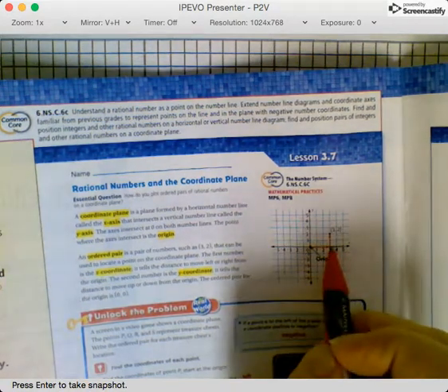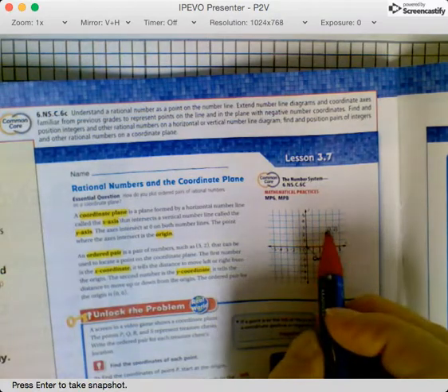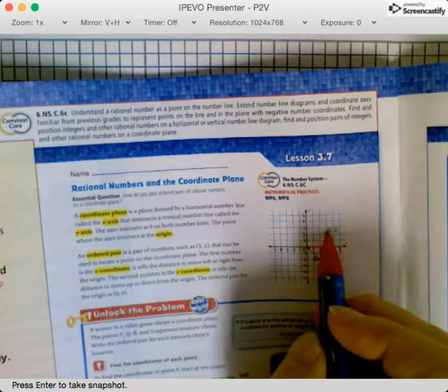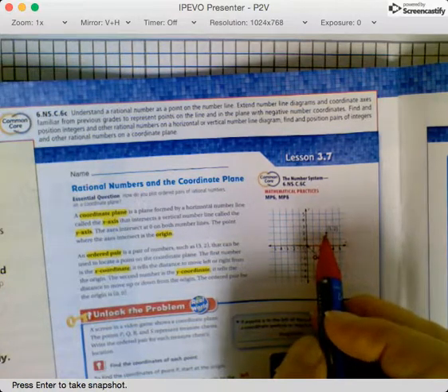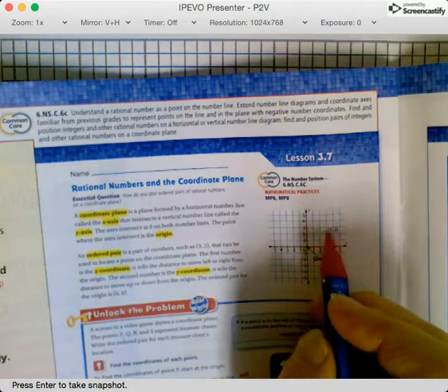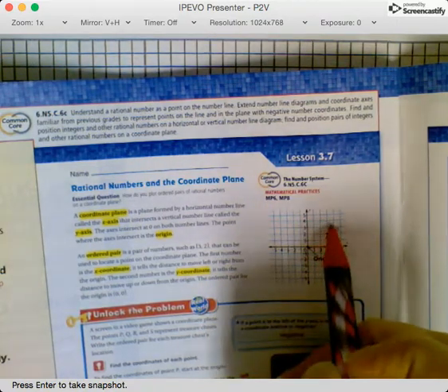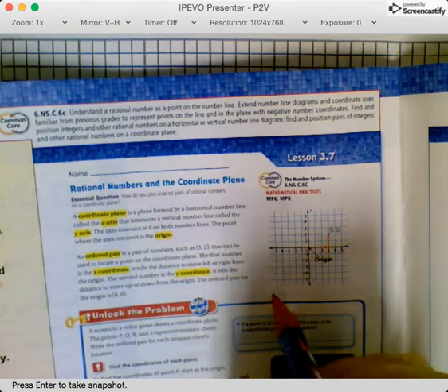And then when we do these problems, we're going to be using ordered pairs. An ordered pair is a pair of numbers that shows us what point we're plotting. It's going to have parentheses, a number, then a comma, and then another number.